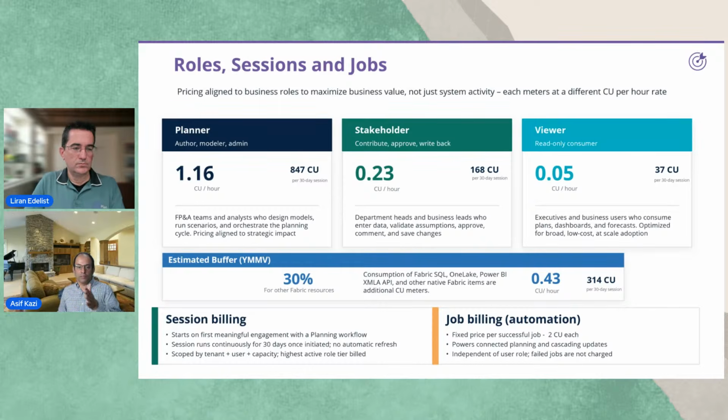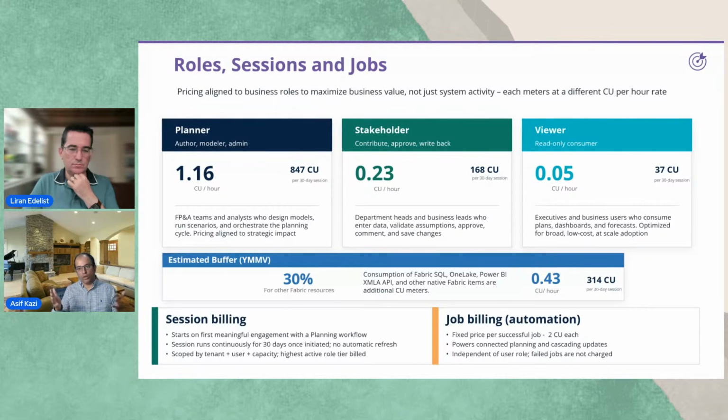And just from a representative standpoint, we've demonstrated not just the CU per hour cost, but on a monthly 30-day basis, how the capacity units are going to get burned down. From a calculation standpoint, we are saying put a 30% buffer on additional usage, whether that's consumption of your Fabric SQL, OneLake, Power BI, or XML API.